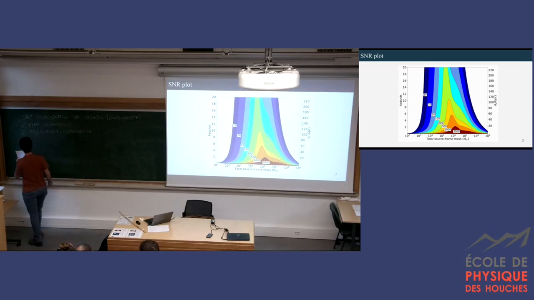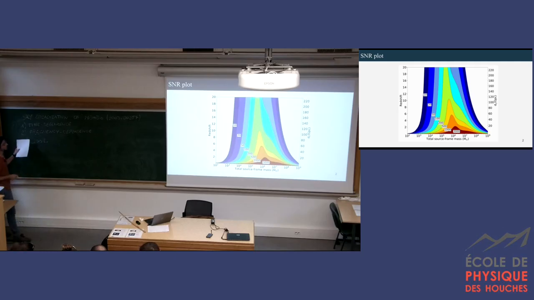What does it mean? If you're familiar with the context of LVK, if you take the typical wavelength of the gravitational wave signals that we observe in LVK, we are in what is typically called the long wavelength approximation, which means that the wavelength of your gravitational signal is typically much longer than your detector. So in a sense, your detector is kind of a point particle that observes the passage of the gravitational wave.